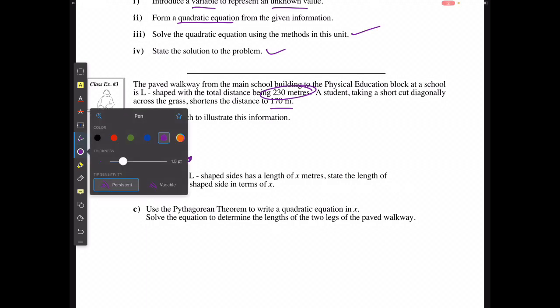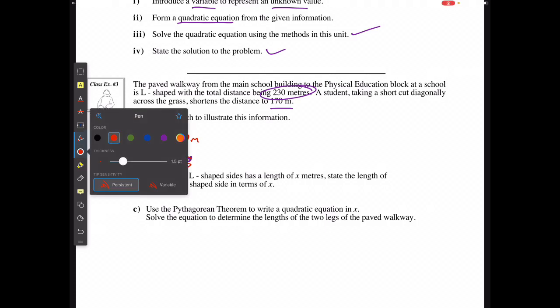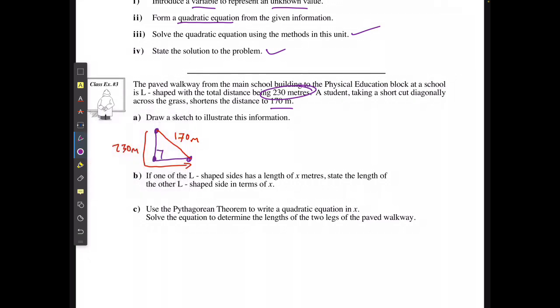And the total distance for both these sides is 230 meters. If the person is cutting across the grass at a diagonal, that is 170 meters. And I've created this right angle triangle. If one of the side lengths here is x, the other side length is that total 230 minus the x.